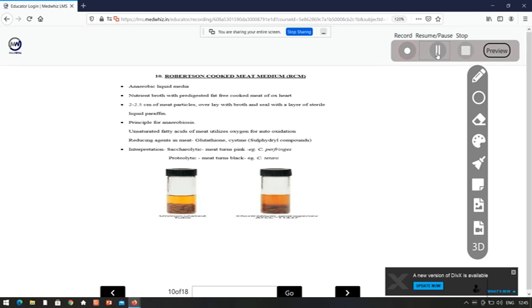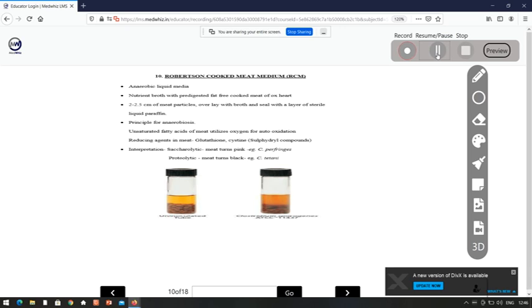If an organism is able to break down the sugars present in this media, it forms a fermentation process where the sugar fermentation turns the meat a pinkish color. In case of proteolytic, the proteins are broken down by this pathogenic organism, and in turn the meat turns black in color.